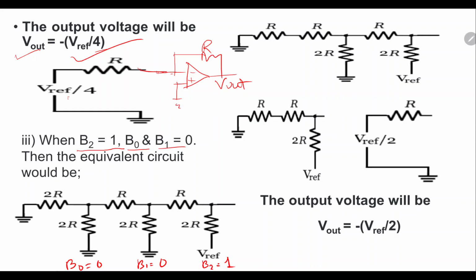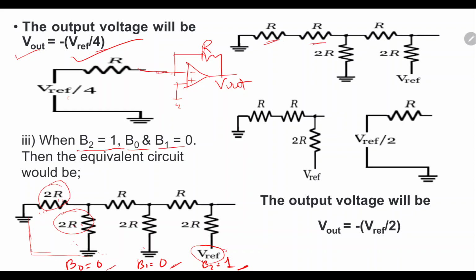So here you can see as these two digits are 0, these two terminals are now grounded, and B2 is 1, that's why it is connected to the V reference voltage. Again the same procedure we have to apply. We will be finding the equivalent resistance and voltage. See here there is no voltage because it is grounded, so we have to consider the resistance only. So 2R in parallel, so the equivalent resistance will be R.